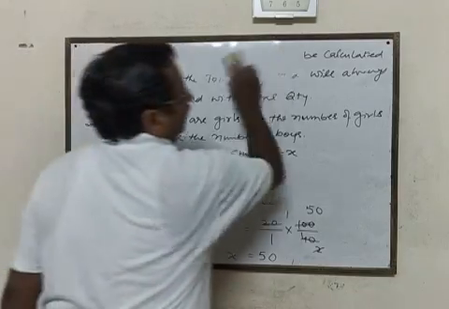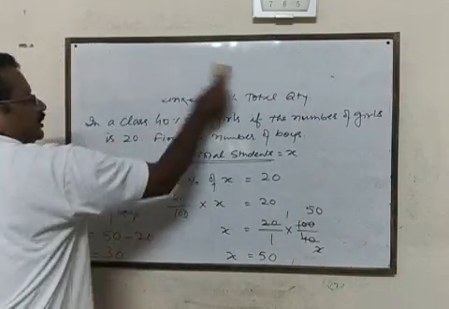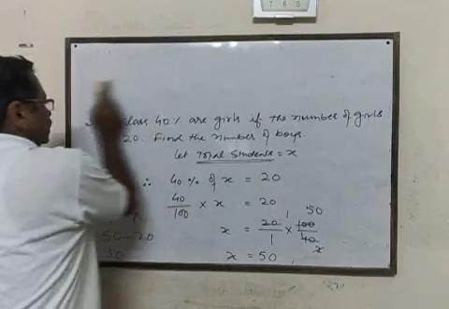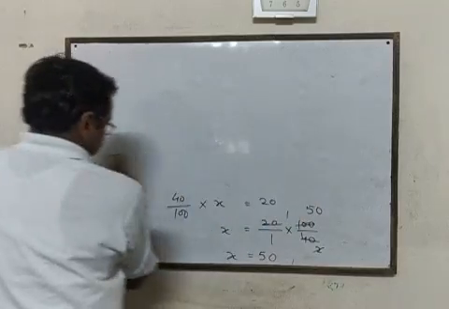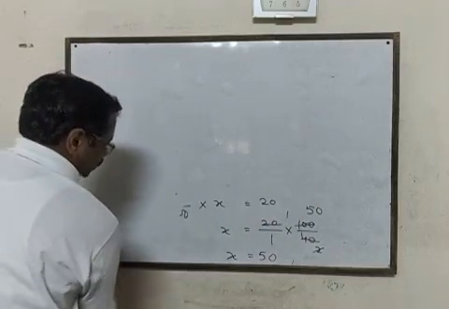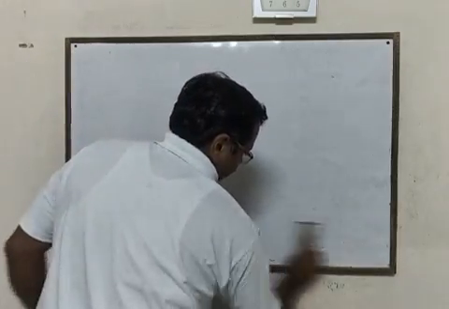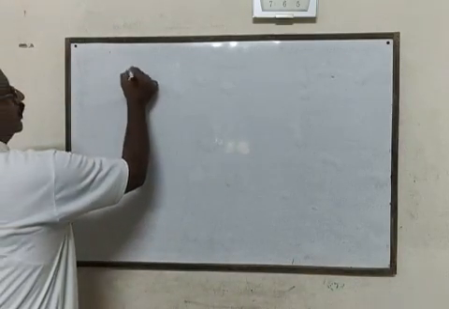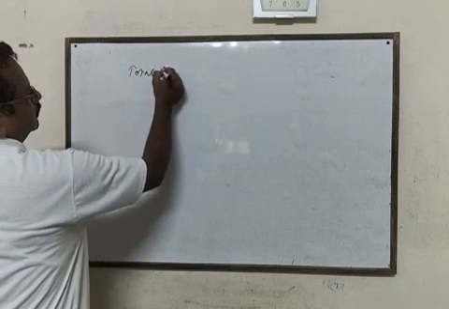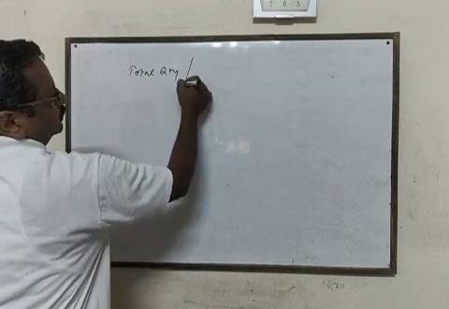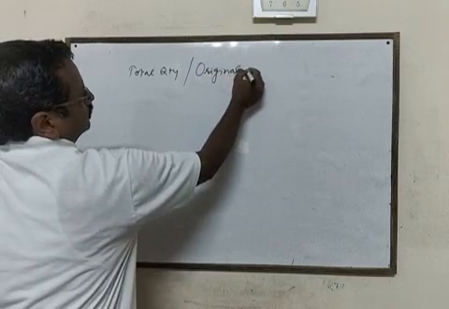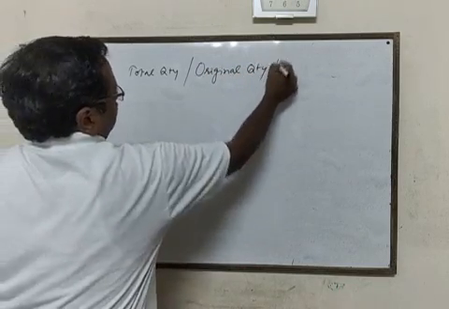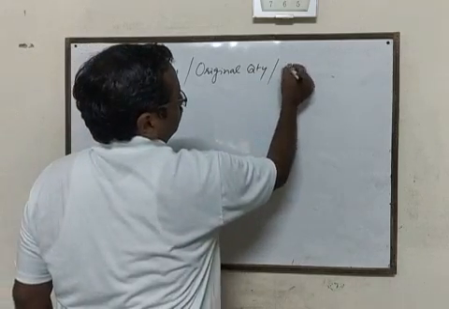Percentage will always be calculated on the total quantity and it will always be linked with total quantity, or original quantity, or starting quantity.